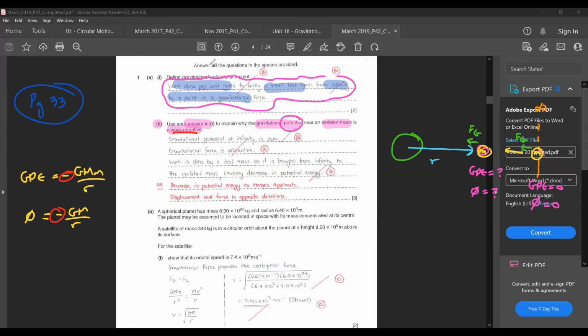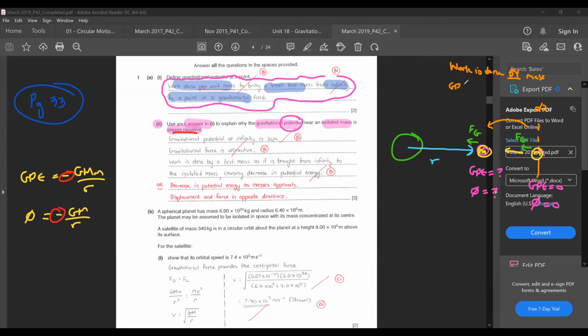So this one, as I mentioned to you, is where we will say something like this. Let me use a different color. What kind of color can I use? Some kind of orange now. If I bring it from here to here, we will say work is done by the mass.